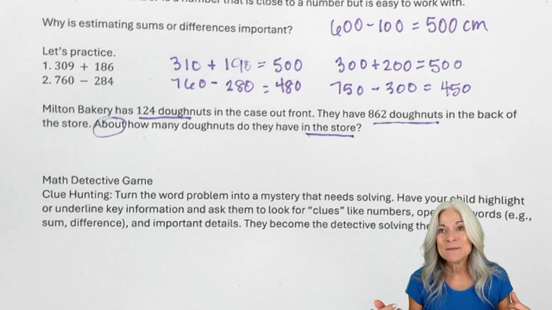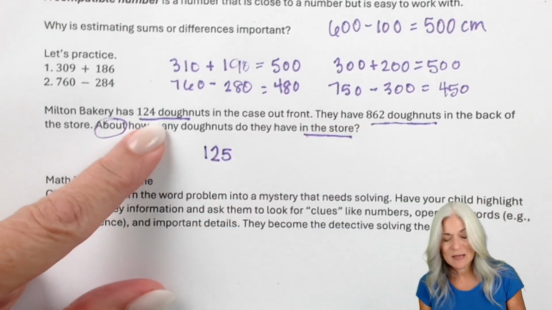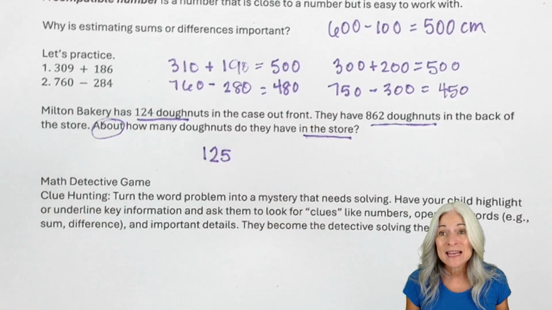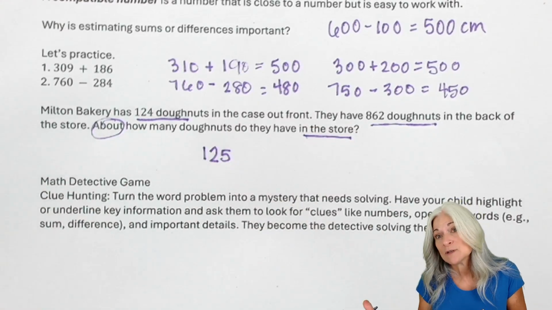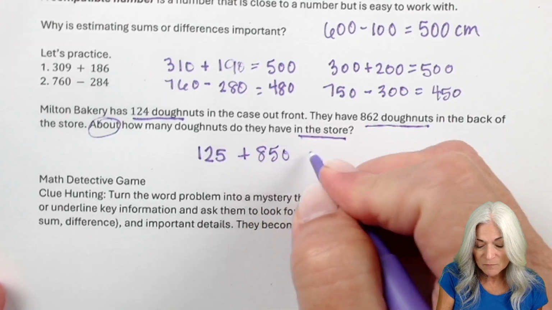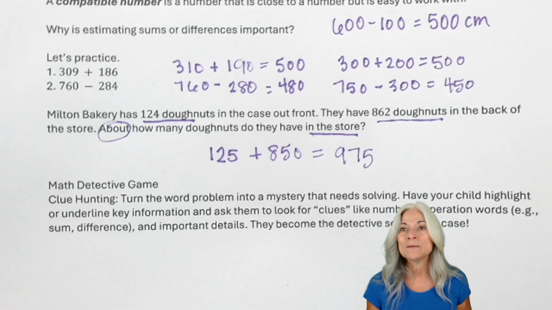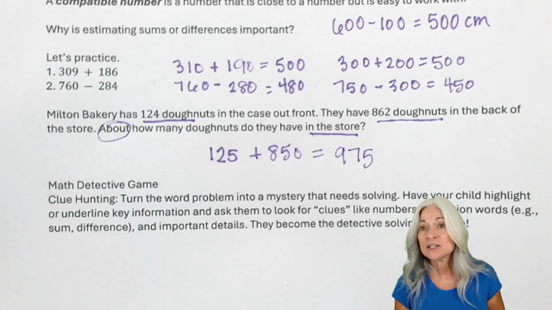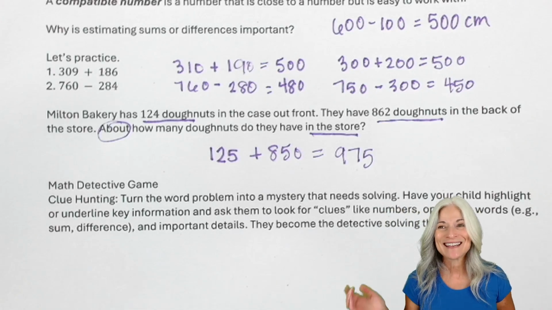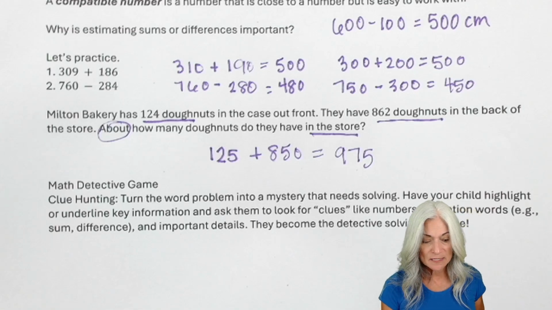So again, maybe I decide to use compatible numbers, make that one 125 and make this one maybe 850 or 875. Let's say I do 850, then we could say they have about 975. Again, maybe they choose to round, or maybe they choose different compatible numbers. That could work also. So again, the key is for the students to be able to explain.